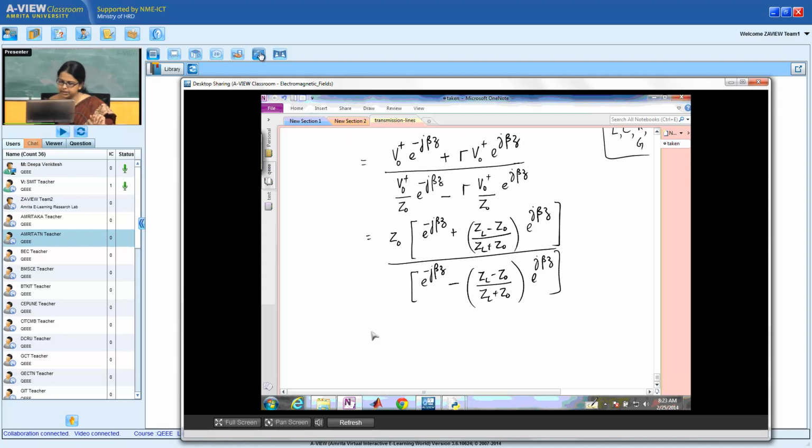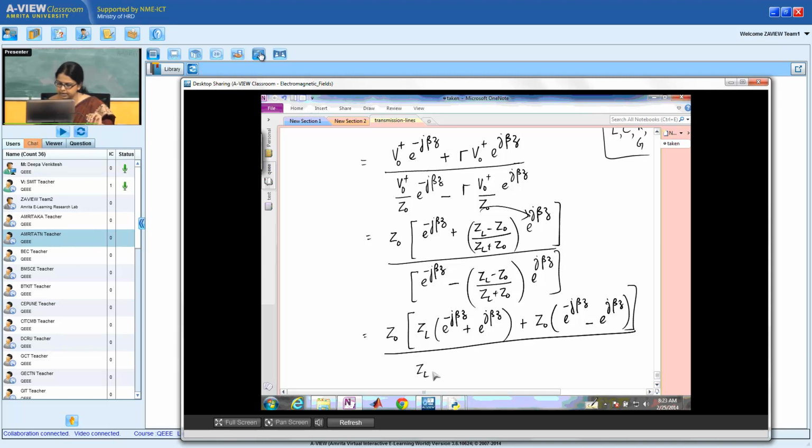If I make this expansion, with Z naught outside, and expand this fraction, I get ZL times e power minus j beta z plus e power j beta z, because there is a ZL times e power j beta z sitting here, and I will have a Z naught times e power minus j beta z minus e power j beta z, divided by something similar: ZL times e power minus j beta z minus e power j beta z, plus Z naught times e power minus j beta z plus e power j beta z.